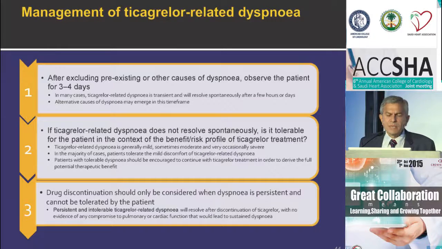So the way to deal with it is to be patient. After excluding other causes of dyspnea, help the patient walk through it for 3 or 4 days, meaning help the patient accept it for a few days, and most of those episodes would resolve and the patient will be fine with it. However, drug discontinuation should only be considered when dyspnea is persistent and cannot be tolerated by the patient.